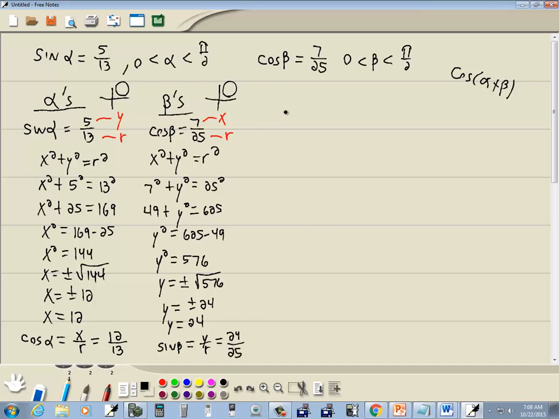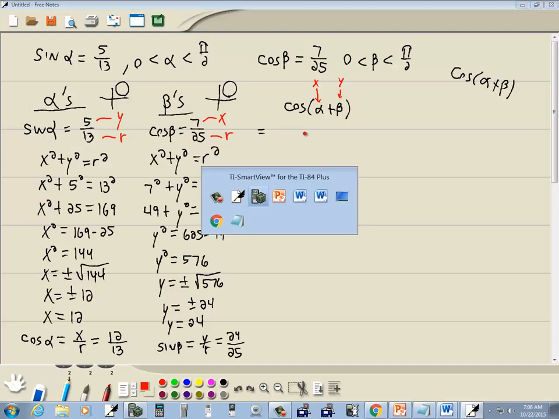Okay, so now we're ready. Cosine of alpha plus beta is equal to, and I have to keep in mind my formula is based upon x's and y's, so that'd be x and that'd be y.